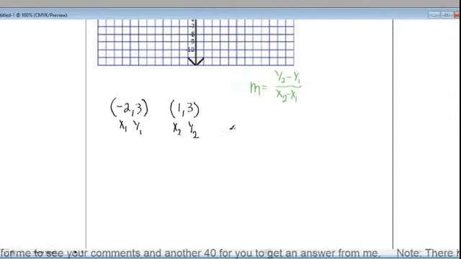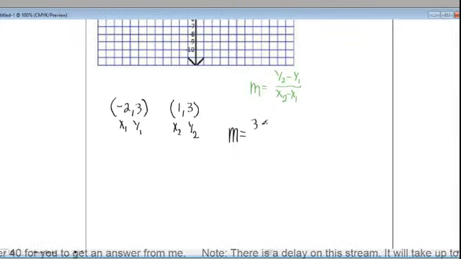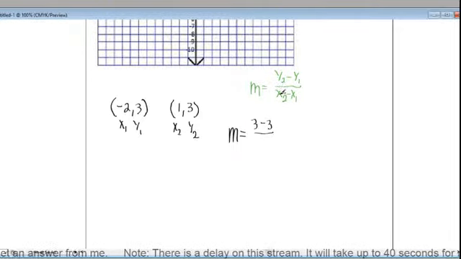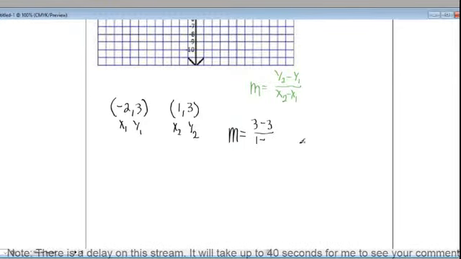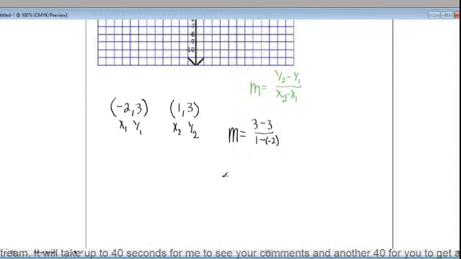Okay, so m equals, let's see, y2 is 3. Then y1 is also 3. x2 is 1. x1 is -2. Okay, so let's see what we get here.